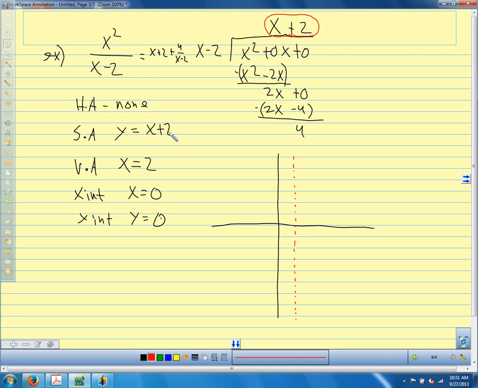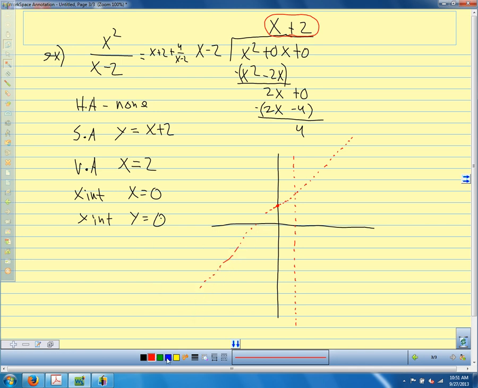What kind of thing is it? It's a line. This is y equals mx plus b. The y-intercept is at 2. Our slope is 1. So we have a y-intercept of 2, slope of 1. I'm just going to sketch it in. Our slant asymptote looks like this.